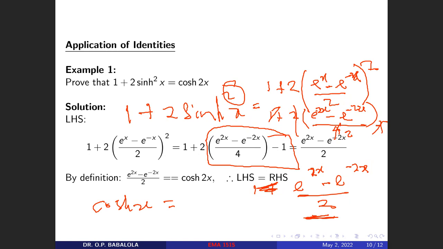In this case now, you're having 2 multiplying your x. So that is equivalent to having this. And I said by definition, that's what you have.